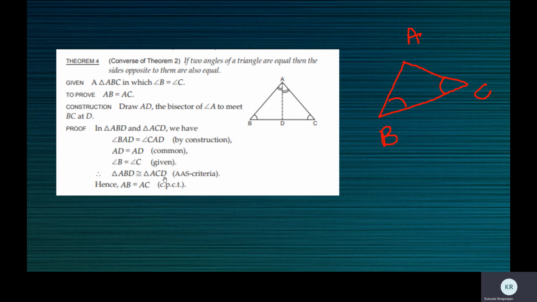Once you name them in the correct order, you can say by CPCT, the corresponding parts of congruent triangles are equal, so AB is equal to AC. So we prove that when two angles are equal, the sides opposite them are also equal.